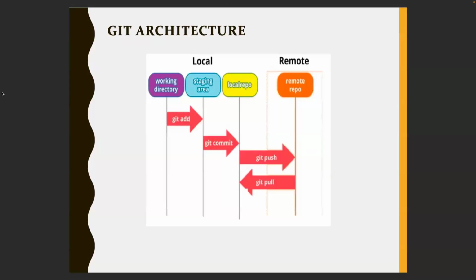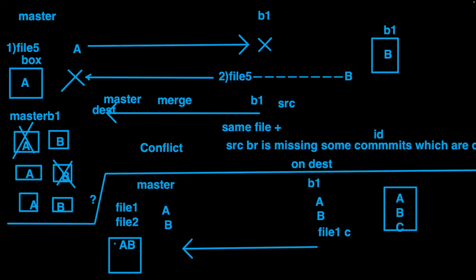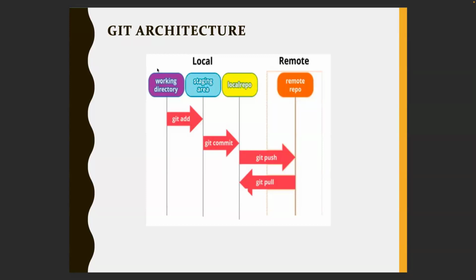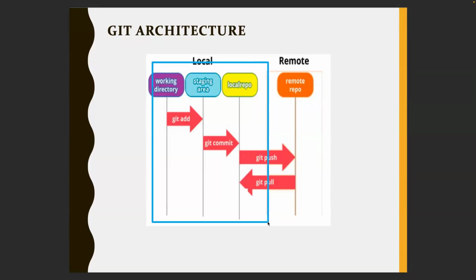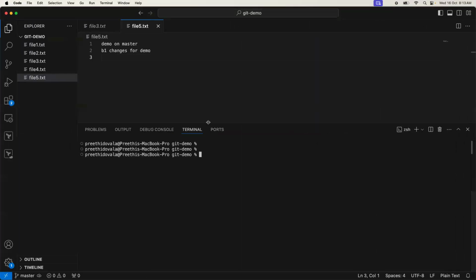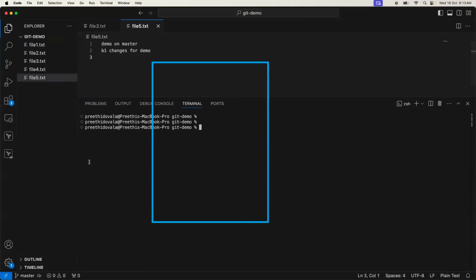I just want to remind you, we were still on this local. We were working on this local. We did not go to remote yet. We'll go to remote maybe tomorrow. So now that we are clear with the concept of branching and merging, let us talk about another interesting concept called stash.